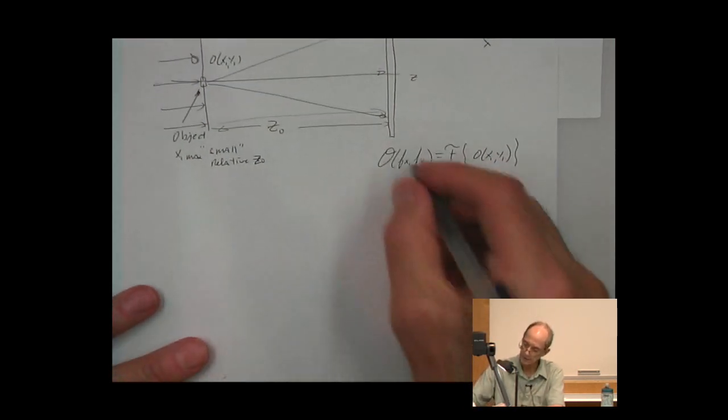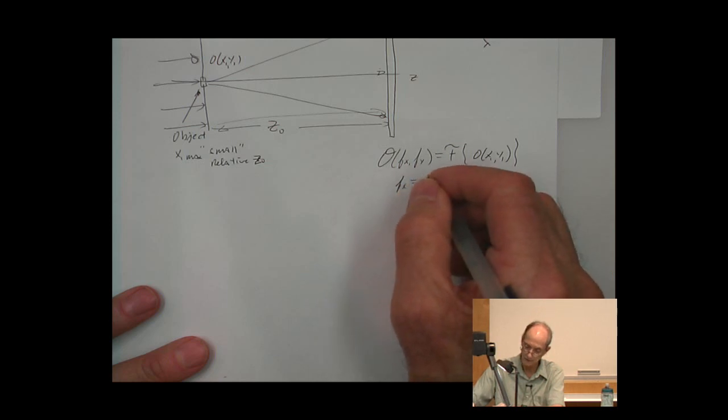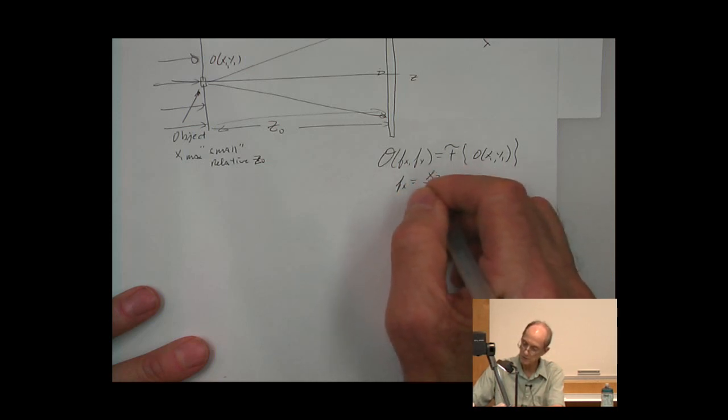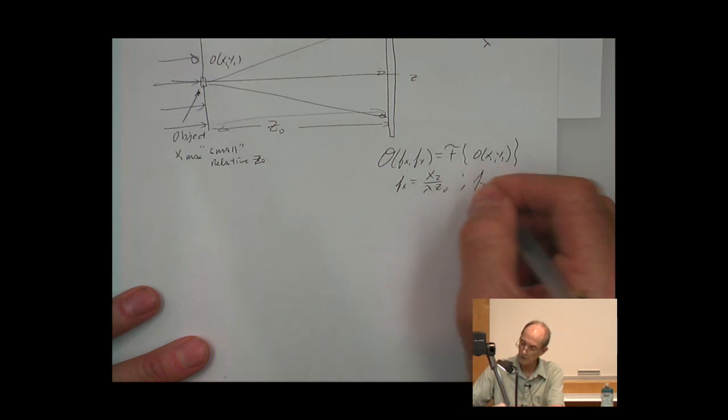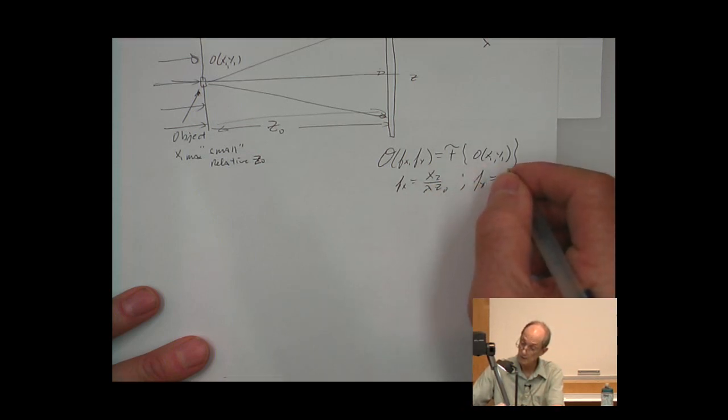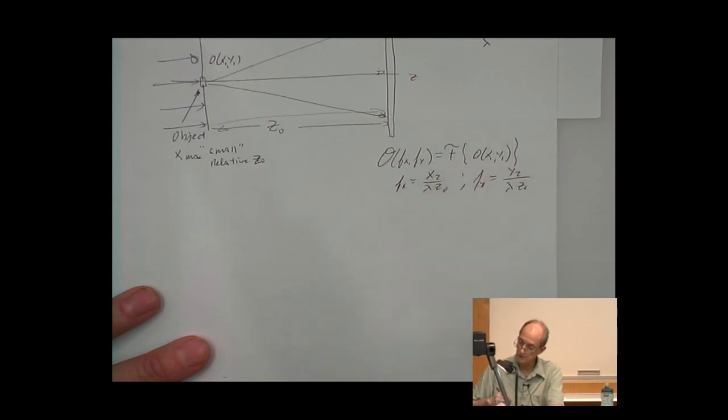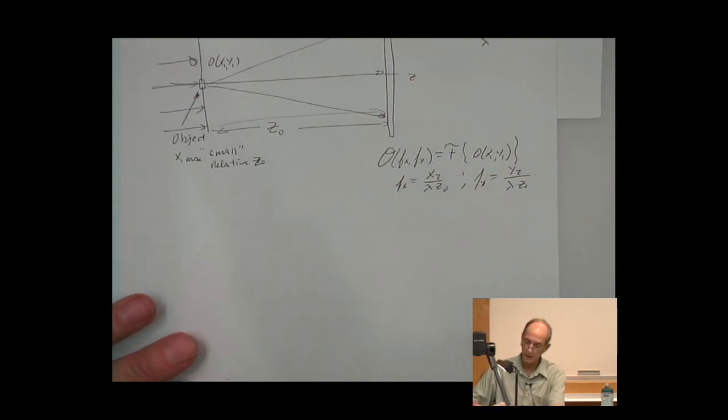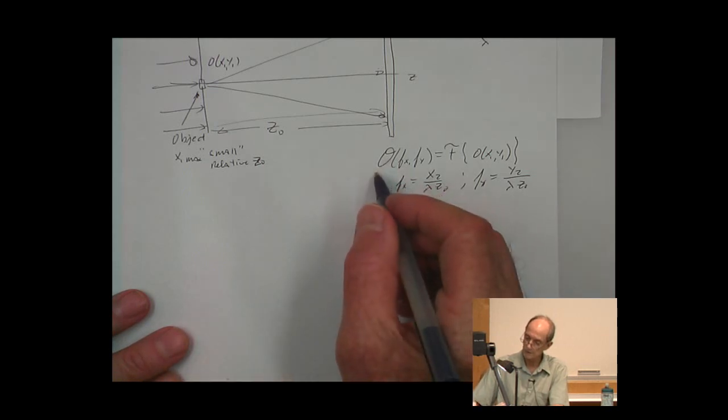All right, and again, this fx is now x2 over lambda z0, and fy equals y2 over lambda z0. All right, and so that's just the Fourier transform.